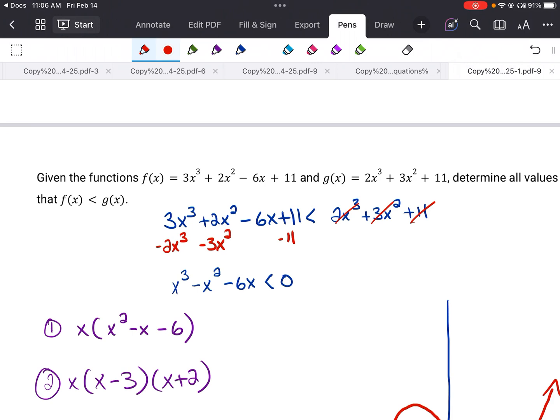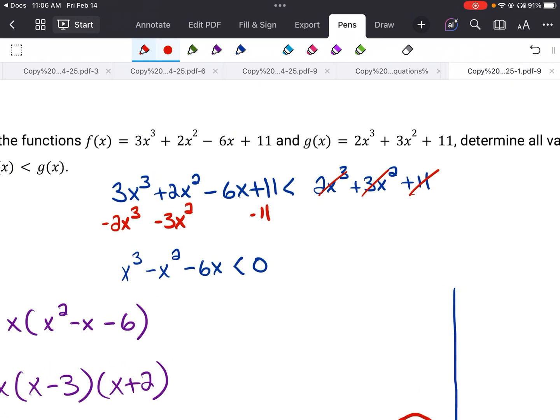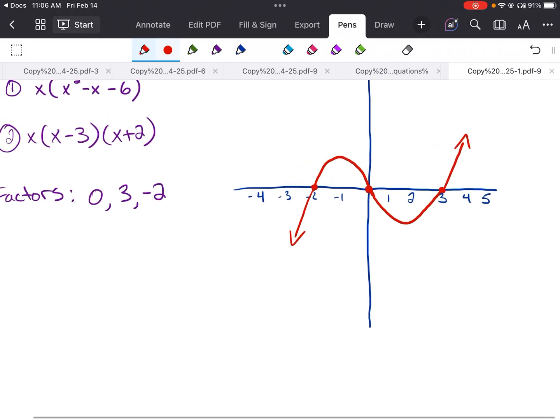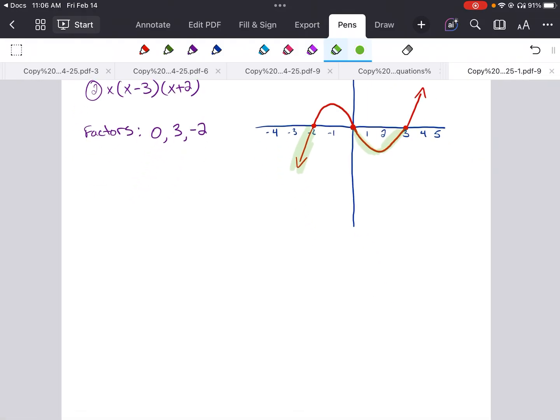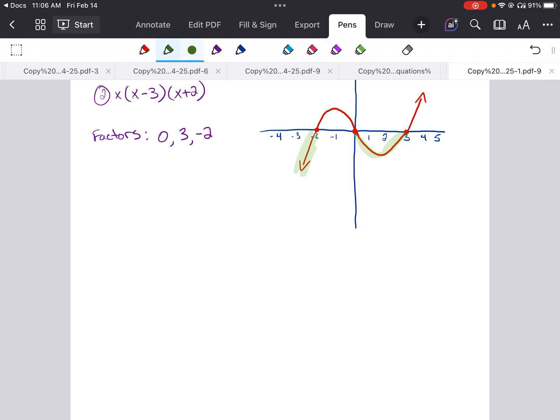Now, it is asking us when is f of x less than g of x. So when we made it into one equation, it has to be less than 0. And we see that it's less than 0 here and here.